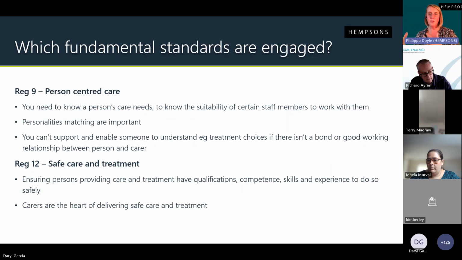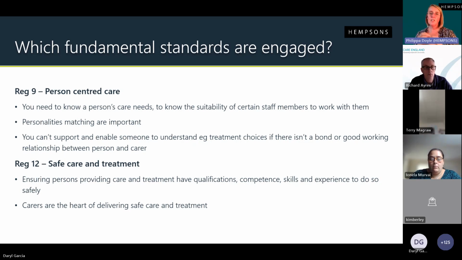You know that people with a certain presentation are going to respond better to different categories of people. Everybody's got a different personality, everybody works in a different way, and some people's presentations, whether that's young people with behaviours that challenge, whether it's an older person with dementia, whether it's cultural or someone from a different minority group, might work better with a different one of your carers.